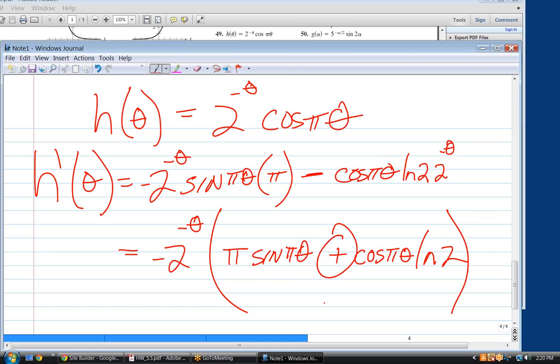Notice I had to change that to a plus since I factored out a minus 2. Yeah, that makes sense. Okay, you want to check it in the book? Let me look. 49?